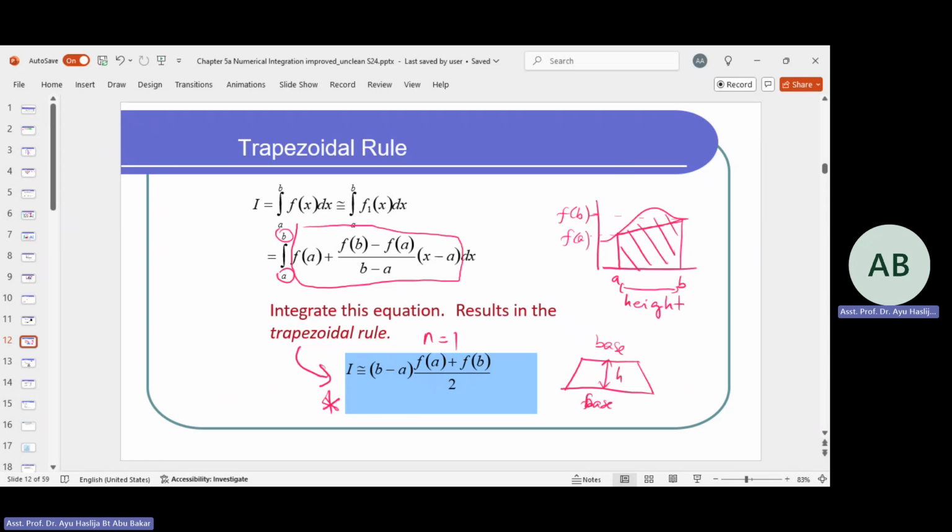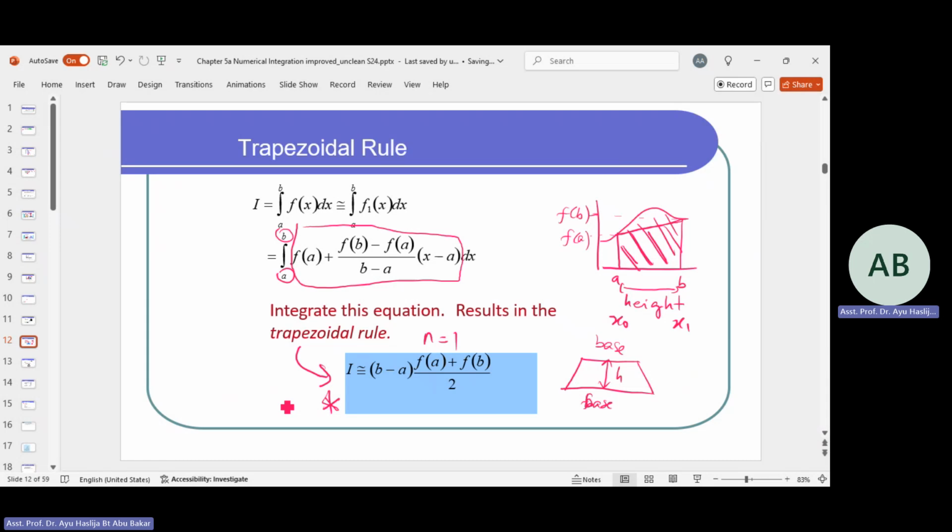When multiple application, different equation. Now again, this is the trapezoid. N equals to 1, so 2 points, A, B, or X0, X1. It depends on how you label your data.